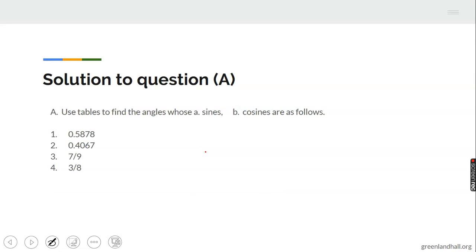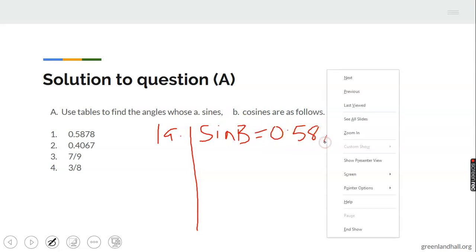I'm starting with A, which is sine. Let me use B as the angle. So sine B is 0.5878.